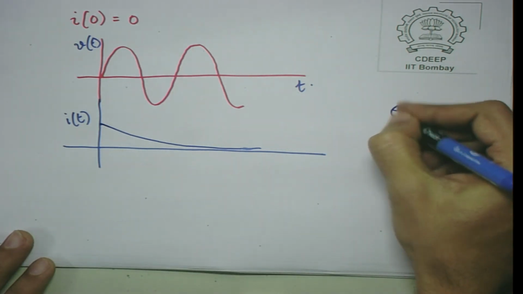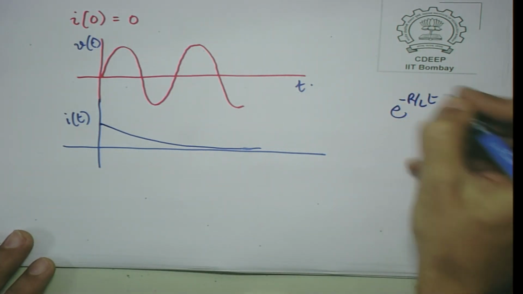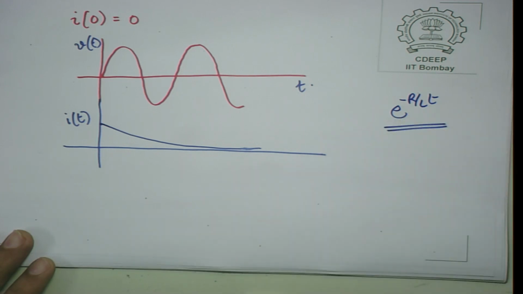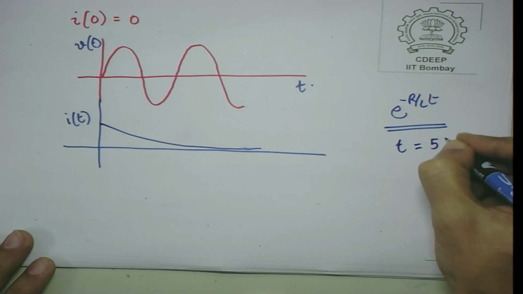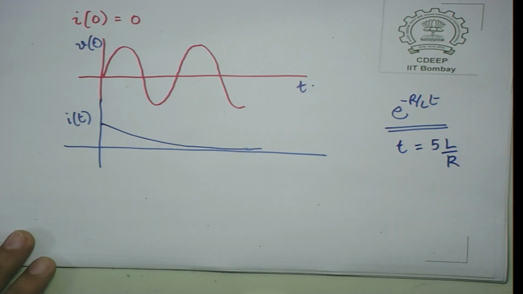In fact, if you got a term like this, this practically becomes 0 after t becomes about 4 to 5 times L by R. So, this is one important point. Suppose L by R is 1 second, around 5 seconds you will find this dying down. Okay. So, this is one of the points which you should note.